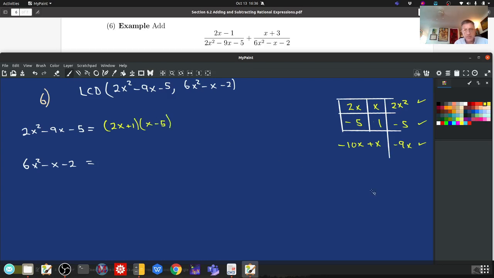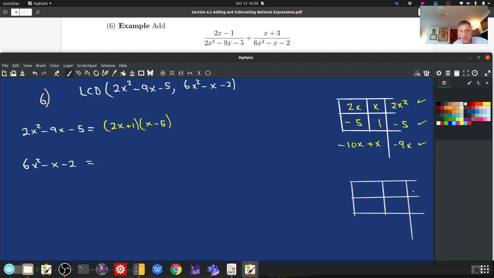So let's do the same thing for the next polynomial. And none of these are prime. They choose these so that none of them are prime. Okay, I got it.